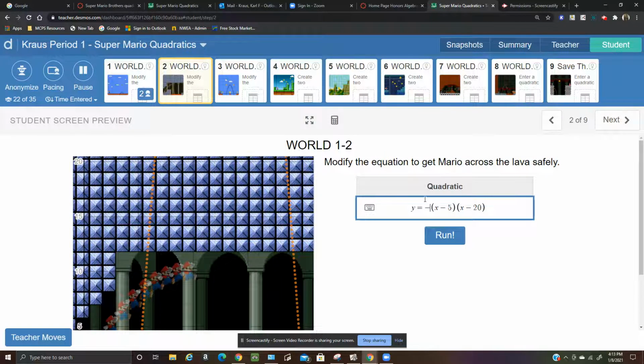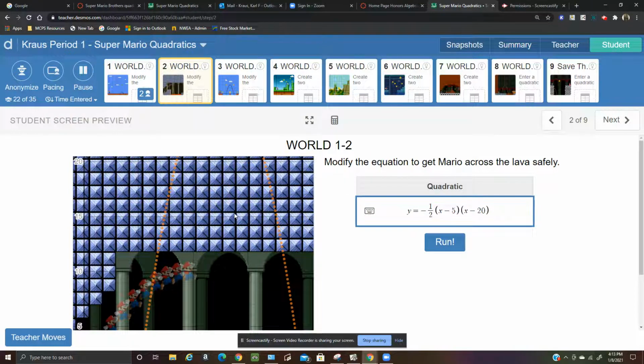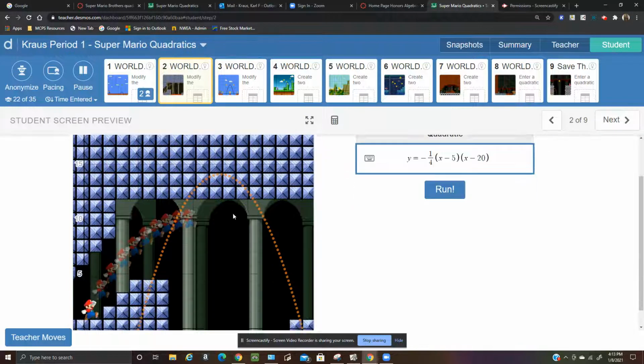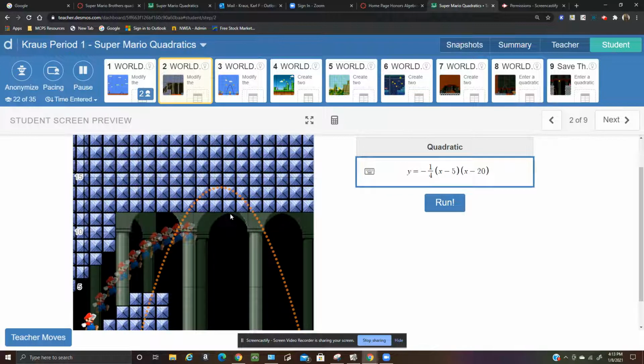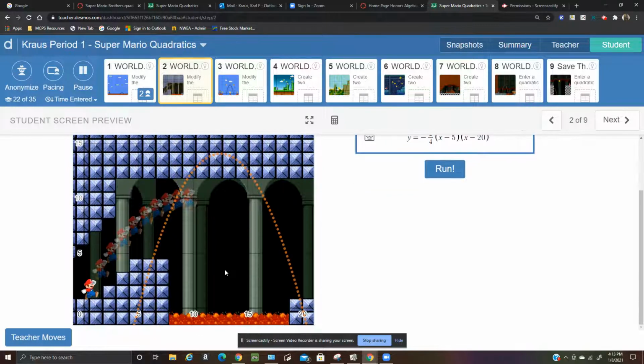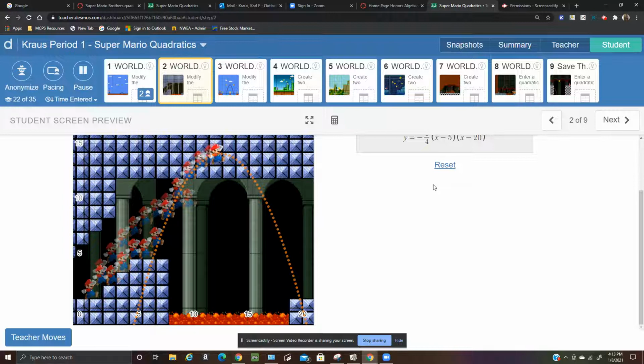If I want to see the vertex on the screen here, let's make this a fraction, a smaller fraction, I mean. And so there, now I can see the parabola on the screen. Mario crosses over the lava successfully.